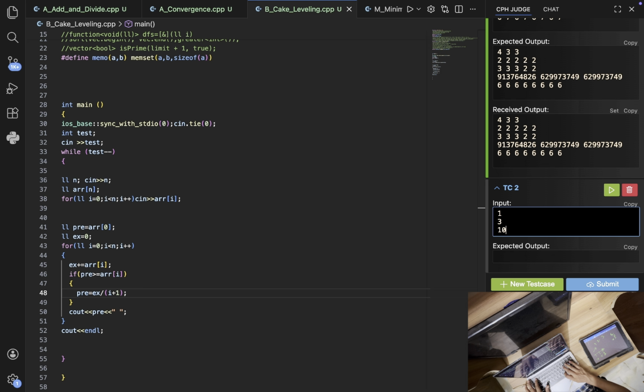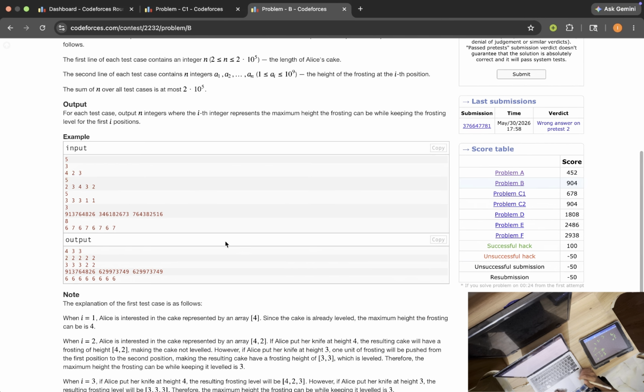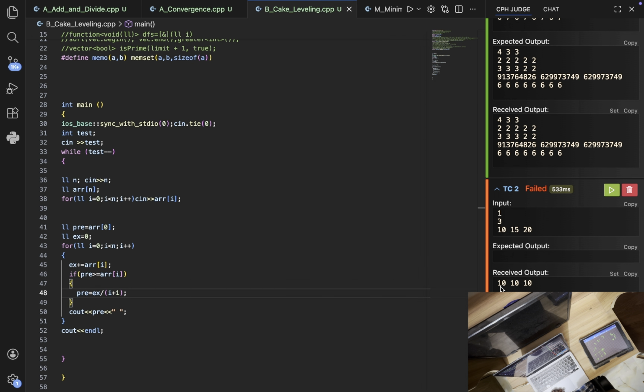Still feels it was gonna give me same answer. 15 change. It was gonna give me 10, 10, 10. Yeah. Like this one, two. Why can it get me wow?